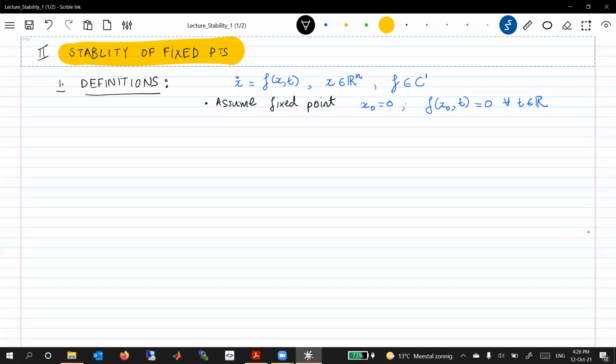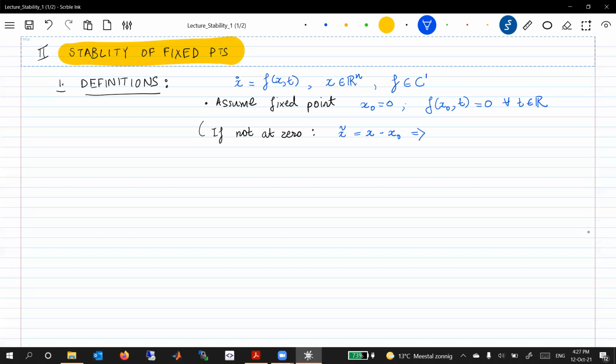Right? So why did I say that this is without loss of generality? Because if the fixed point is not at 0, then we can simply introduce a change of variables, say x tilde, which is defined as the original variable x minus x naught, the fixed point, in case it is non-trivial.